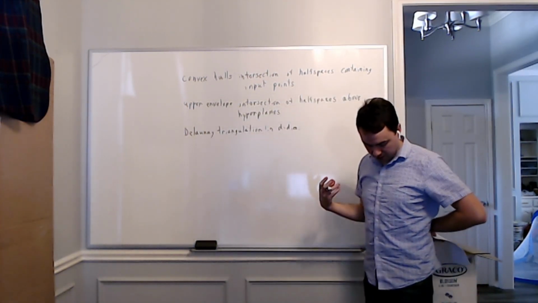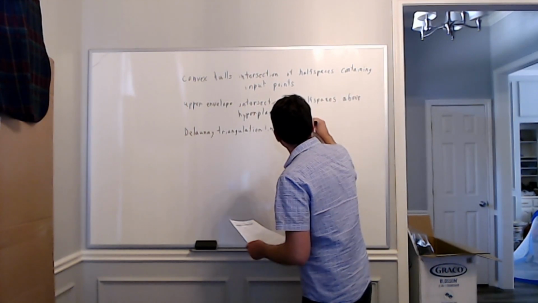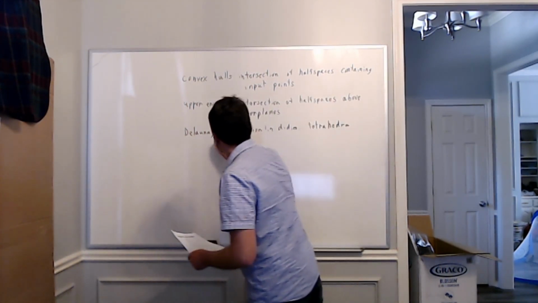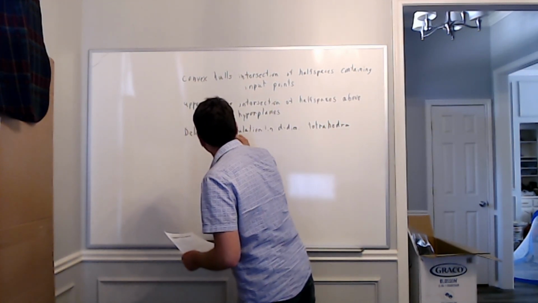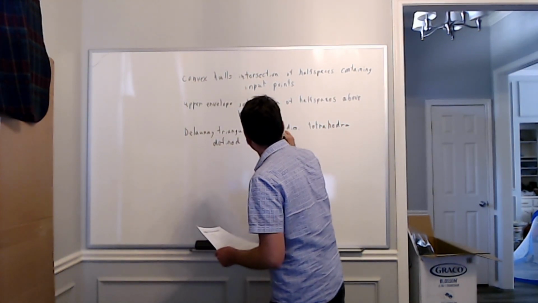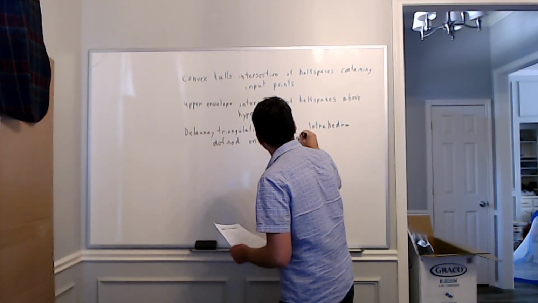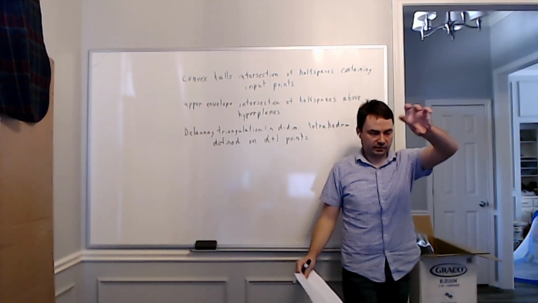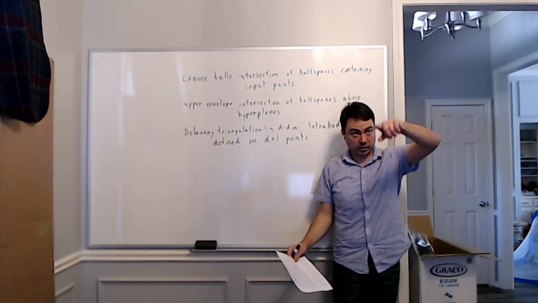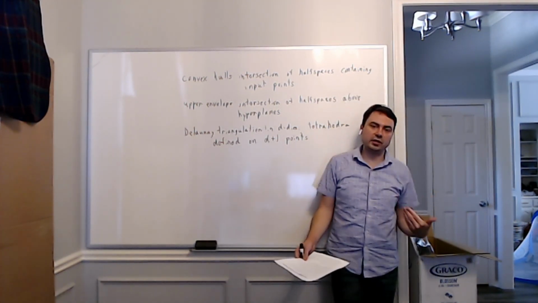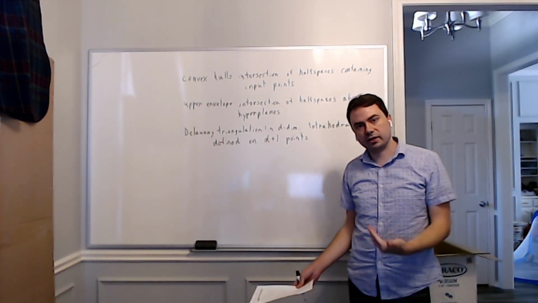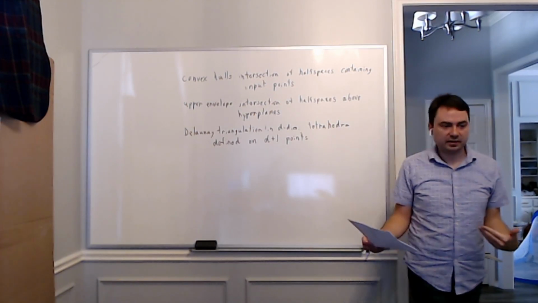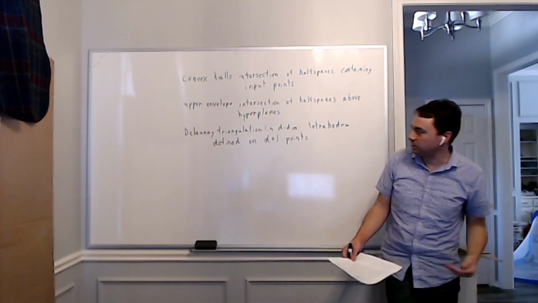In d-dimensional space, you'd have a tetrahedron defined on d+1 points. And before we said that when you have a triangle, the circumcircle around each triangle shouldn't contain any other points for the Delaunay triangulation in the plane. Now, if you look at the circumhyperspheres of these tetrahedra, they shouldn't contain any other points.